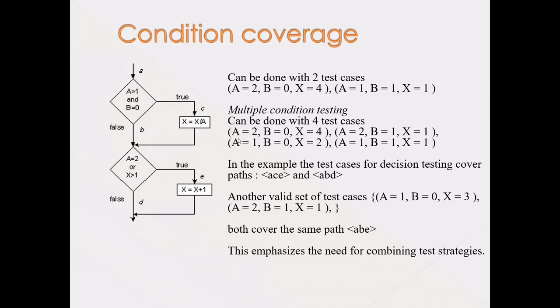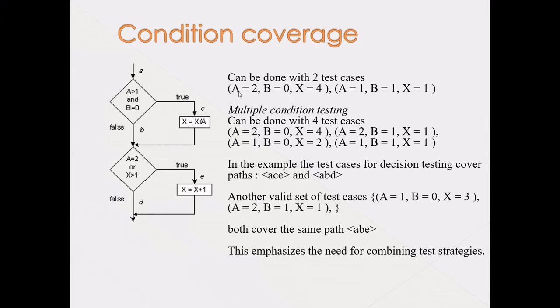What is the minimum number of test cases that you can use to make sure all these branches work? For example, if you choose your values like this, it can be even done with two test cases.